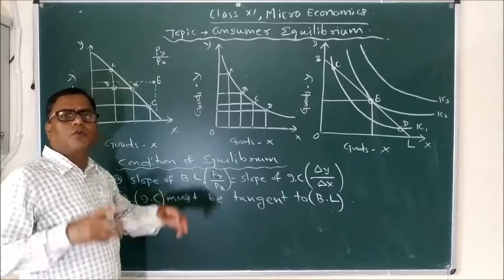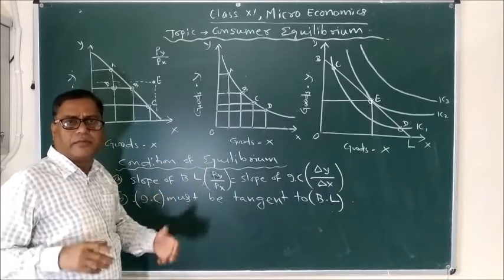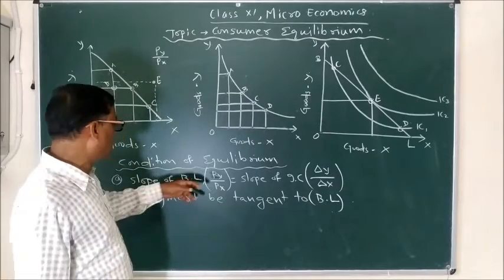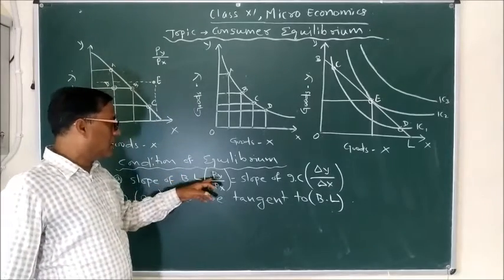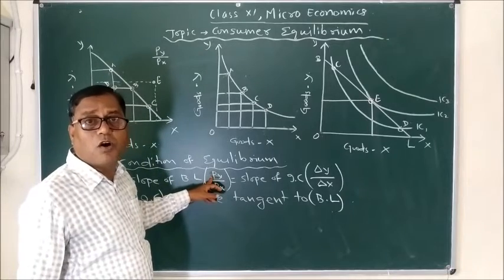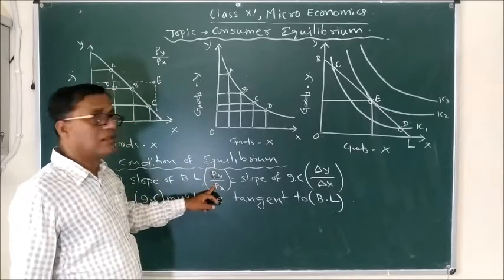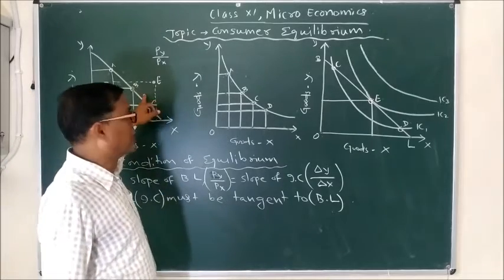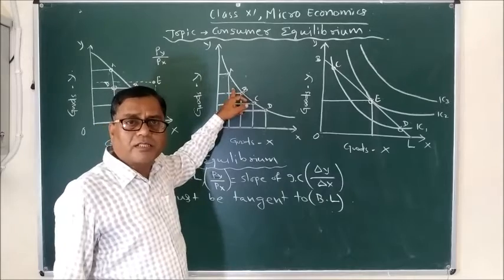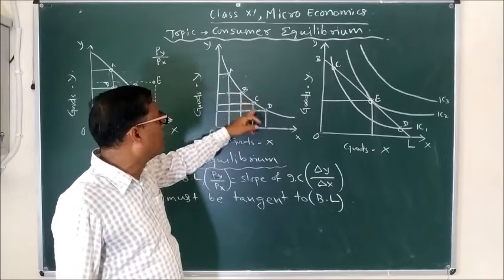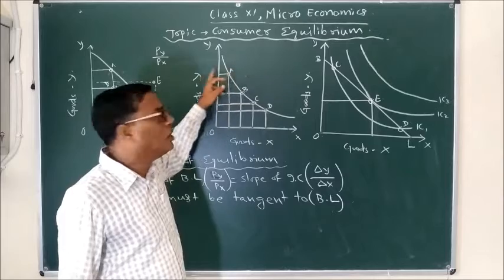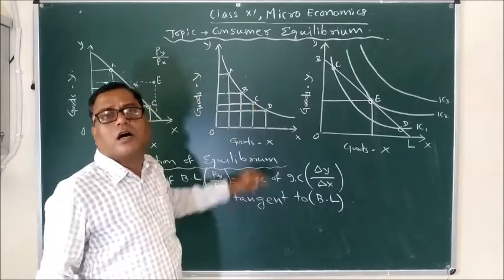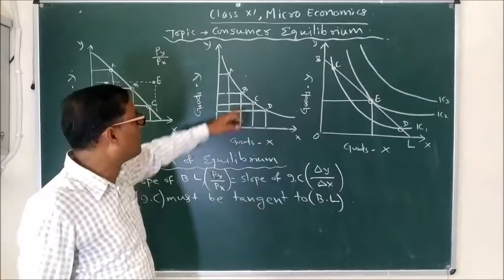Whatever the exchange rate between X and Y, it is determined according to their market prices. That's why it is constant. But coming to the indifference curve, why is the slope falling, that means the marginal rate of substitution, why is it going on decreasing? Because the law of marginal utility is operating here.